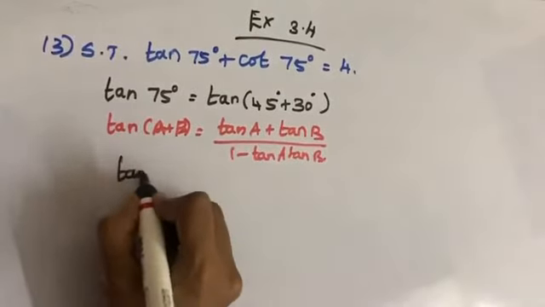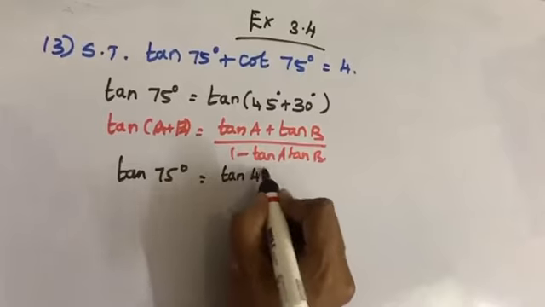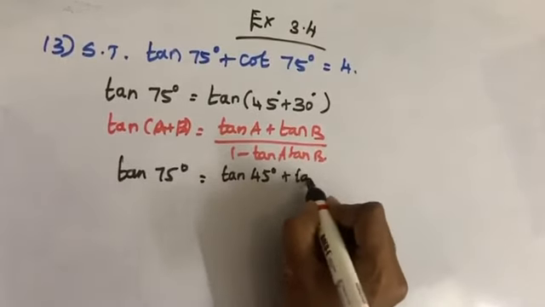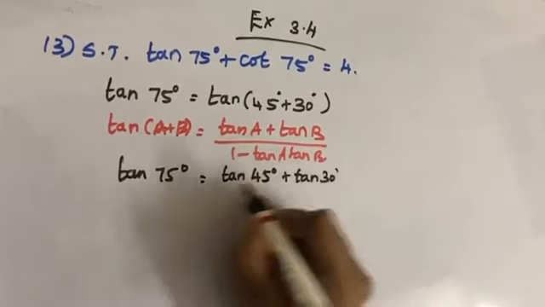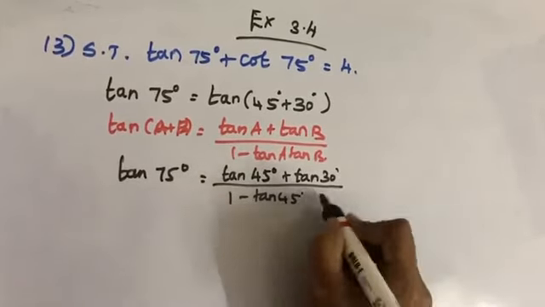So tan 75 degree is equal to tan 45 plus tan 30 divided by 1 minus tan 45 tan 30.